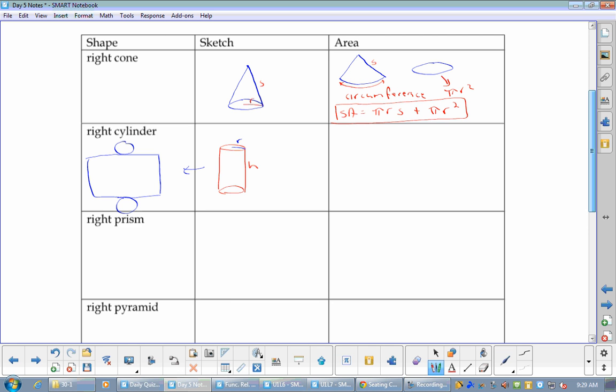To find the area of a circle, we've already talked about, this would be pi r squared. This would also be pi r squared. So far, surface area would equal pi r squared plus pi r squared, which is 2 pi r squared.